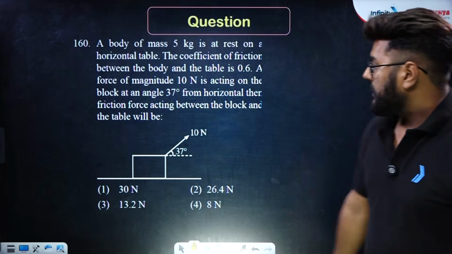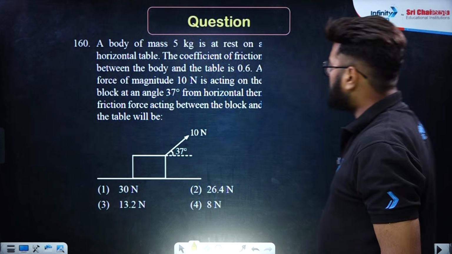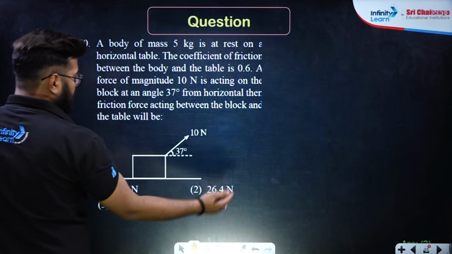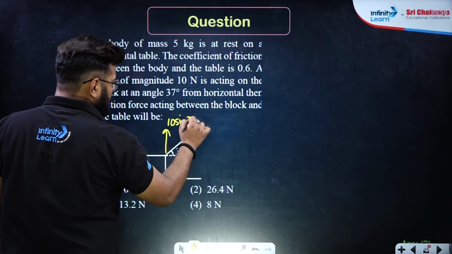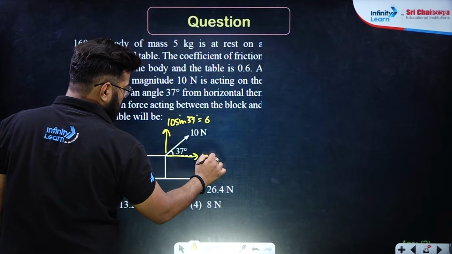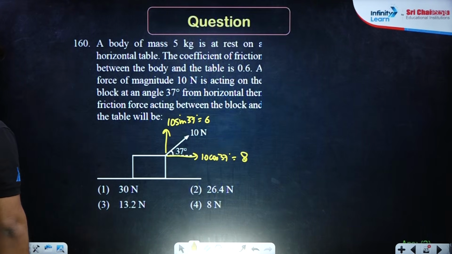Okay. Next, a body of mass 5 kg is at rest on a horizontal table. The coefficient of friction between the body and the table is 0.6. A force of magnitude 10 Newton is acting on the block at an angle. See, first you will have to take the components: 10 sine 37, which is sine 37 is 3 by 5, that means 6. Here 10 cos 37, which is 4 by 5, that will be 8, right?